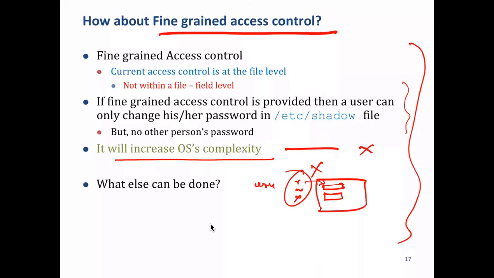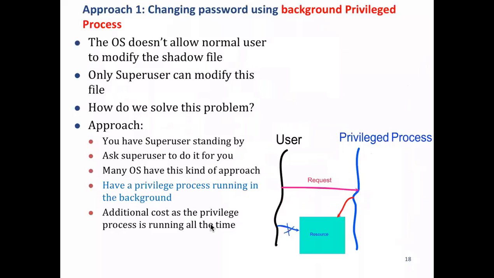Then the question is what else can be done? The second approach is that there is a background process running, which we call a privileged process, a kind of OS privileged process, specially meant to do these password changes. You make a request to that process, and the process is able to change the contents of the password, but you are not directly allowed to do this.